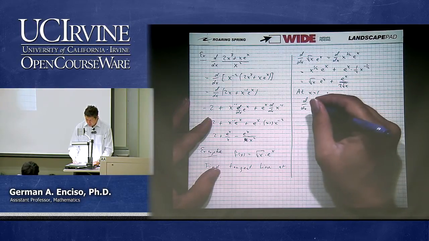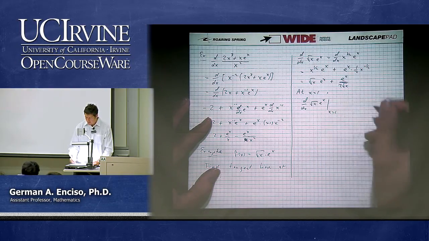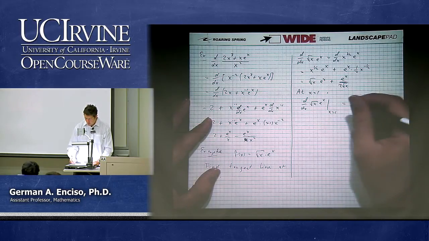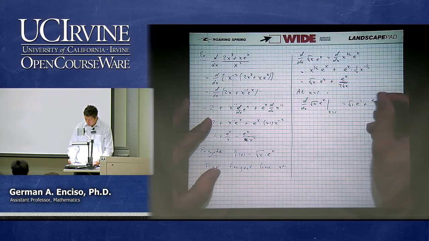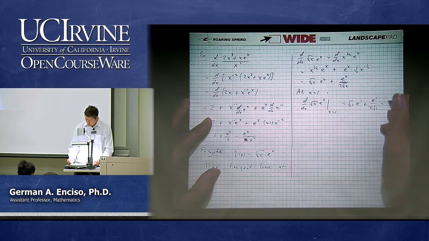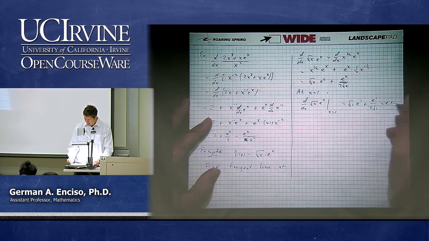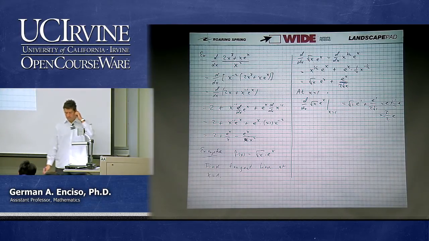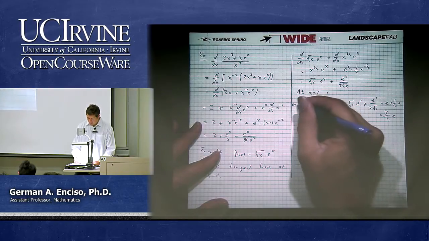It's a little bit messy, but at x equals 1, this is equal to square root of 1 times e to the 1 plus e to the 1 divided by 2 square root of 1, and that is equal to e plus 1/2 e, which is 3/2 e. Okay, so that is the derivative of the function at the point 1. We can write this down as m equals that.